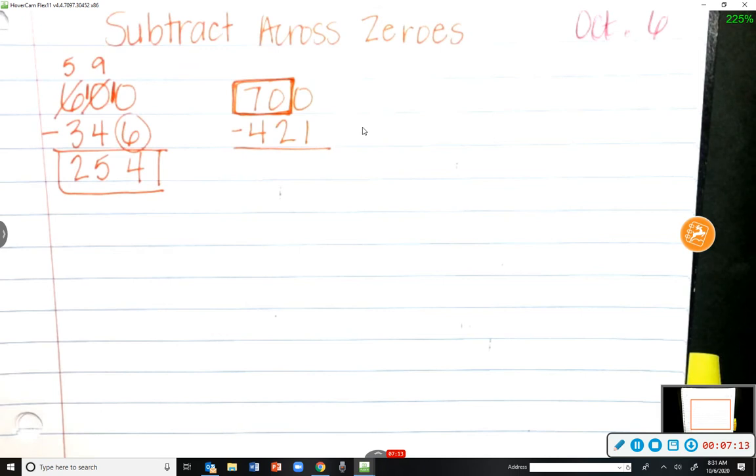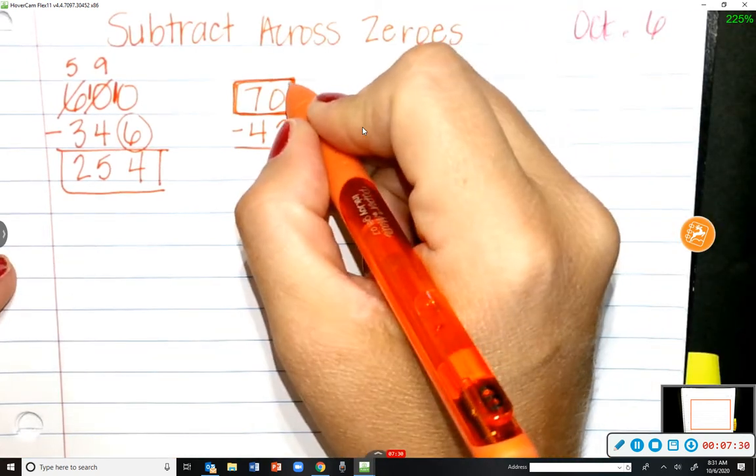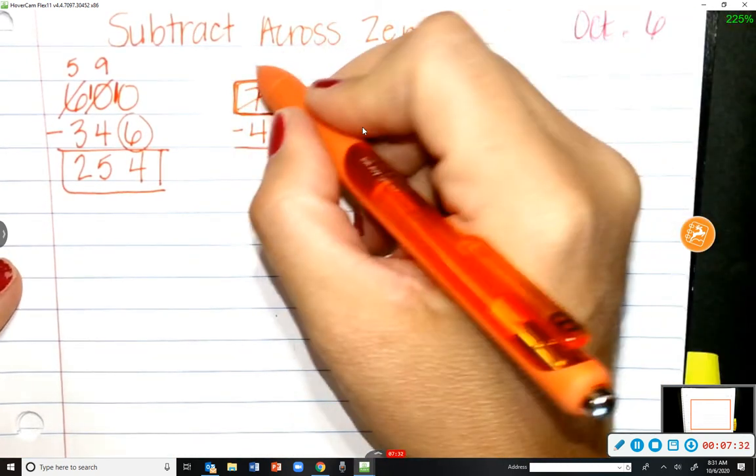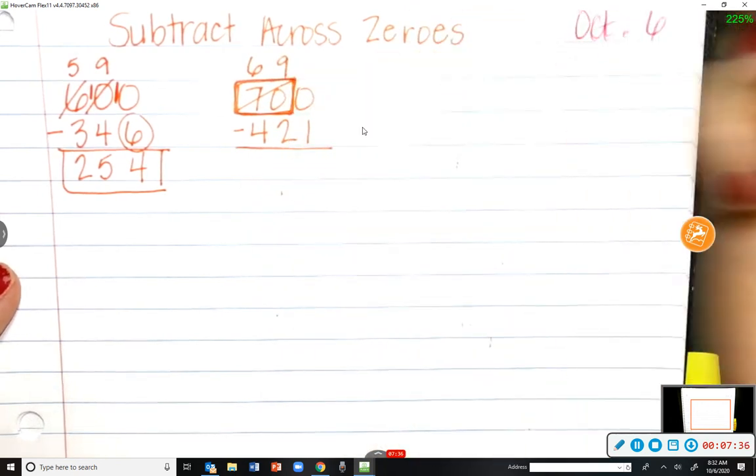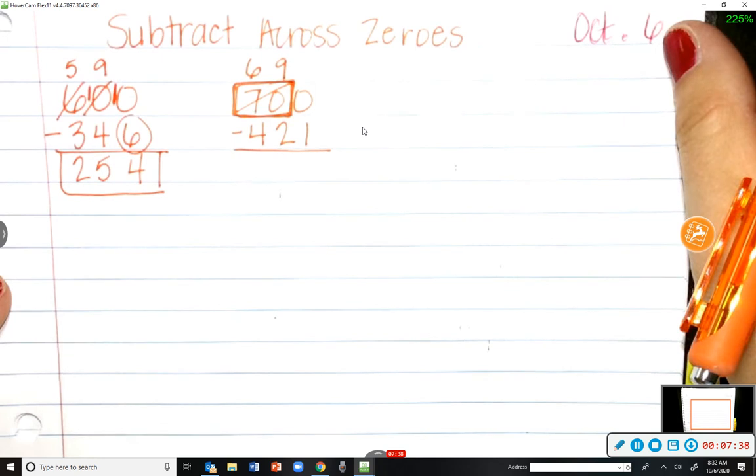One lower. What's one lower than 70? Kelsey? 60. Not 60. Just one. You went down 10. 69. Good, 69. So we're going to cross this out and right above it, very neatly, and putting that in the correct place, we're going to put 69.